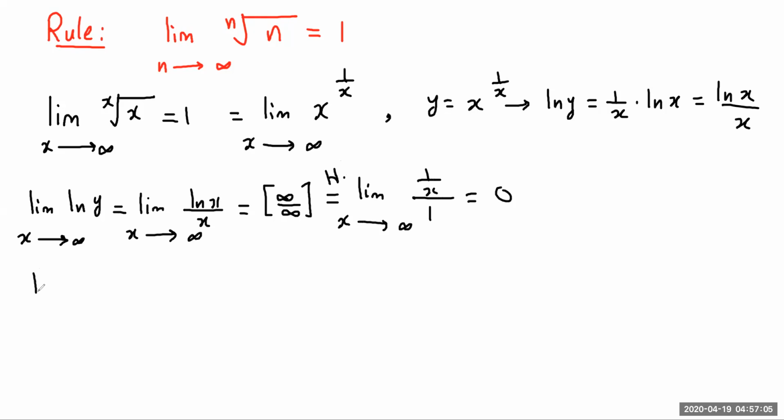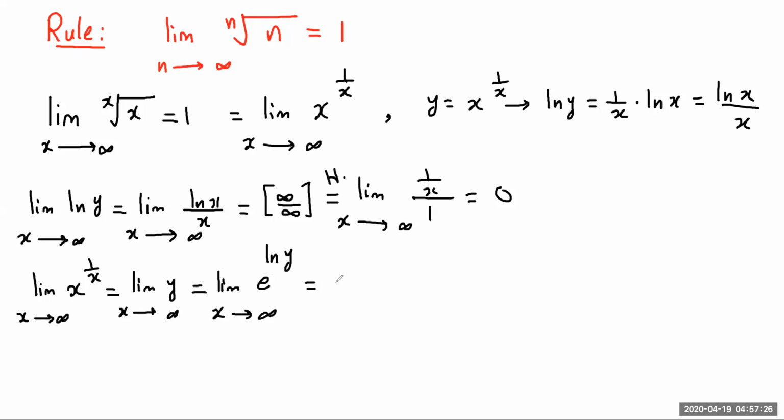Now the limit of x power 1 over x when x goes to infinity is the limit of y when x goes to infinity. But y can be written as e power ln y. So it's the limit of e power ln y, and because the limit of ln y is 0, let's write 0 here without the limit.